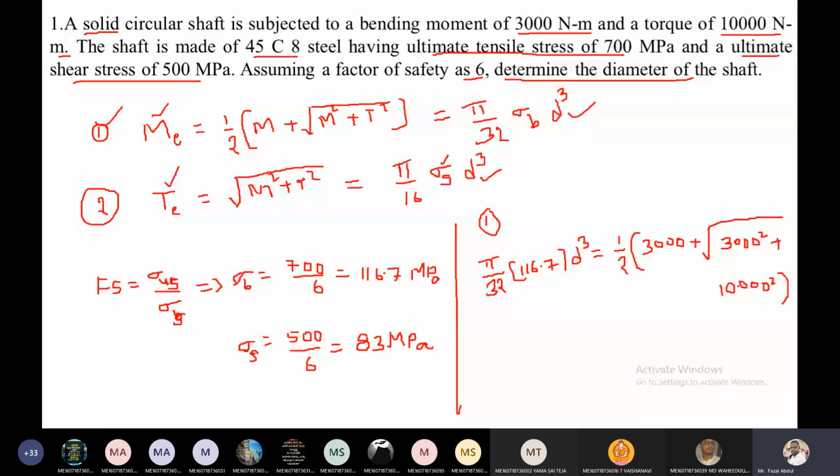Now tell me the value of d. The d value you will get in terms of mm. Tell me the d value in terms of mm. Make it fast.